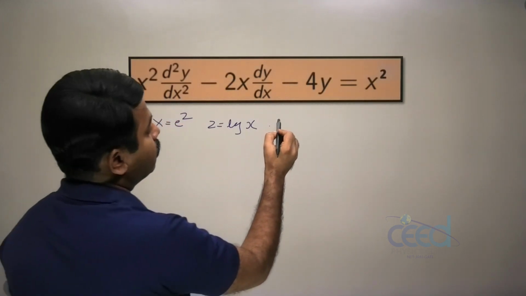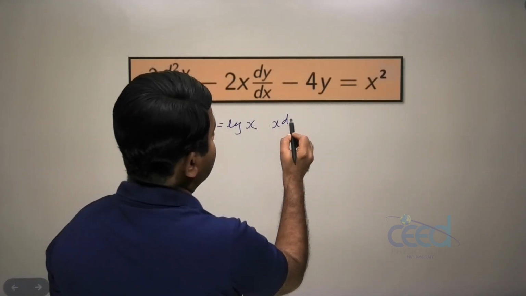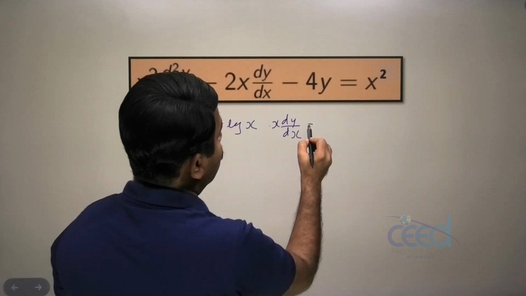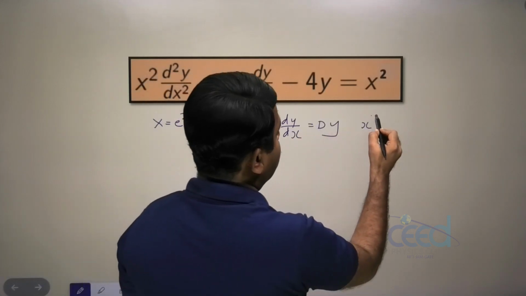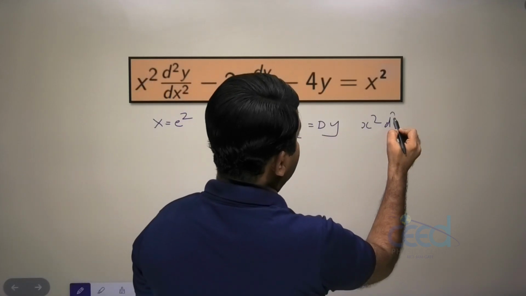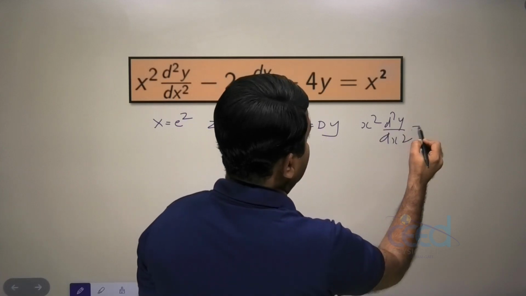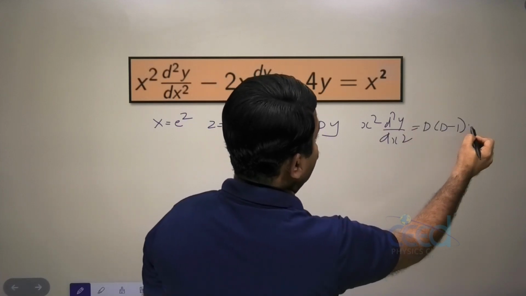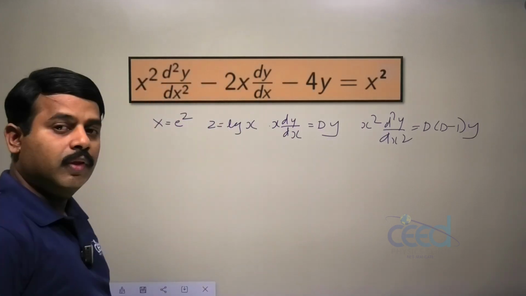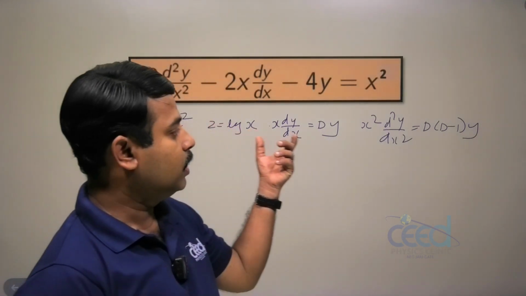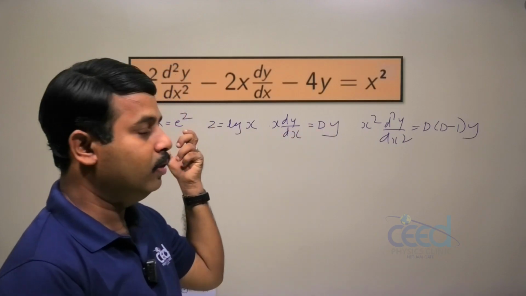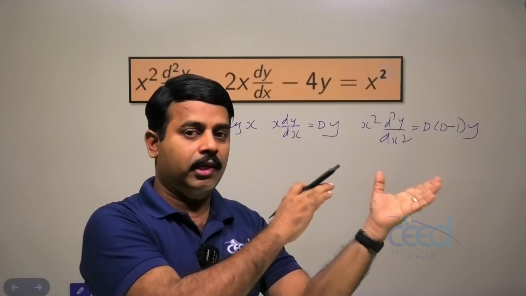Then what I told: x dy by dx is equal to Dy, and x square d square y by dx square is D into D minus 1 into y. All this we derived in the Euler-Cauchy differential equation. These values we already know, we already derived.